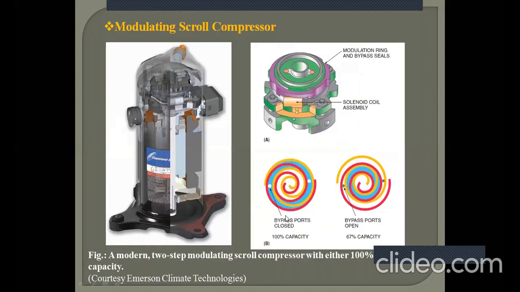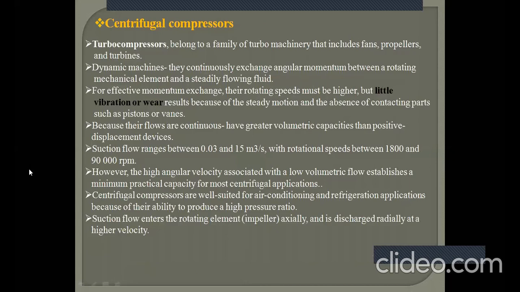Suppose your load is 100%, then you can operate the compressor at 100% capacity. If your load is low, then you can reduce its capacity from 100% to, in this case, 67%. Because of that, your power consumption is also reduced, because you can run the compressor at less capacity. This feature is also available with the screw compressor.